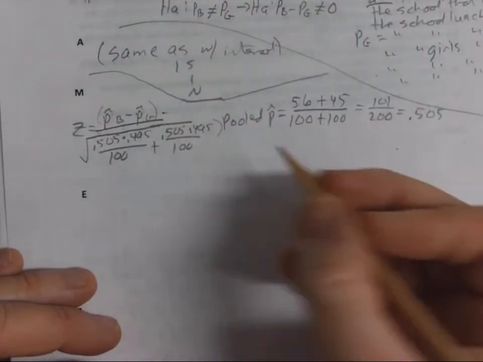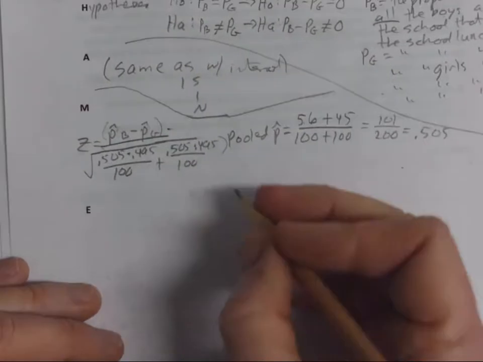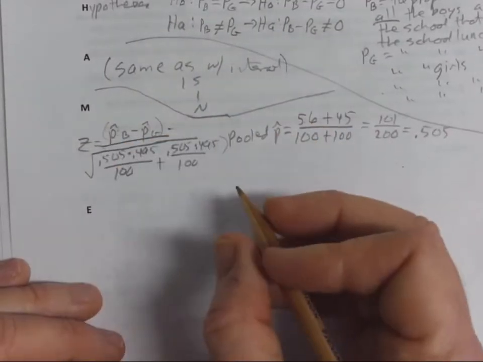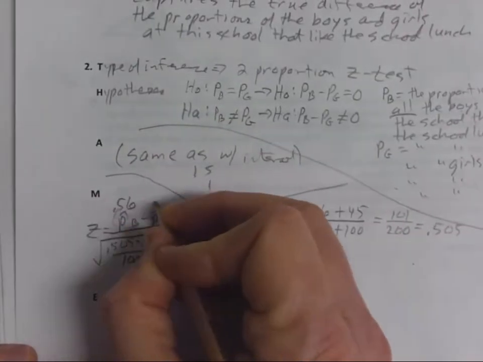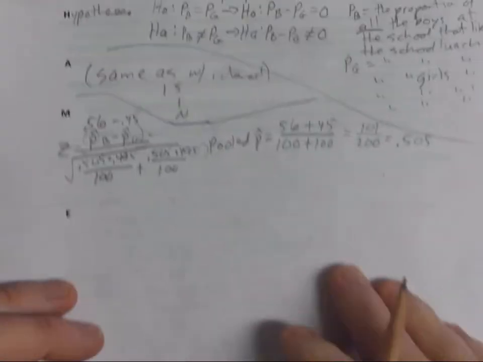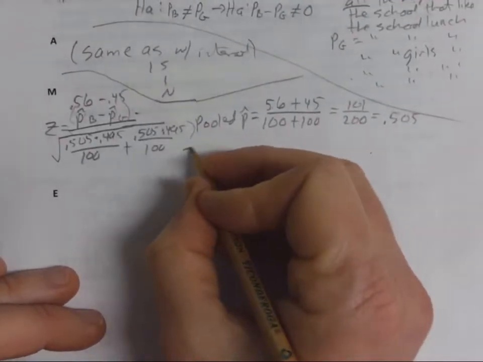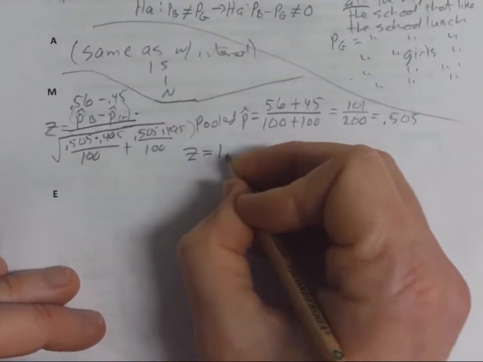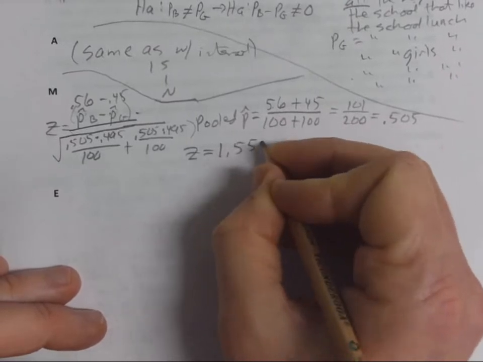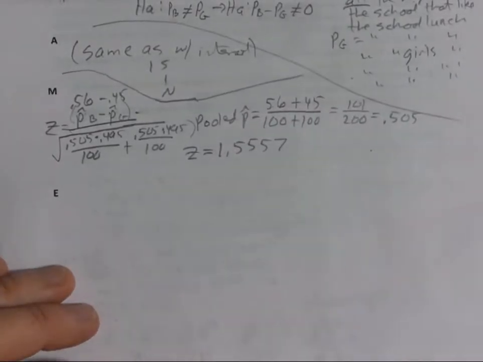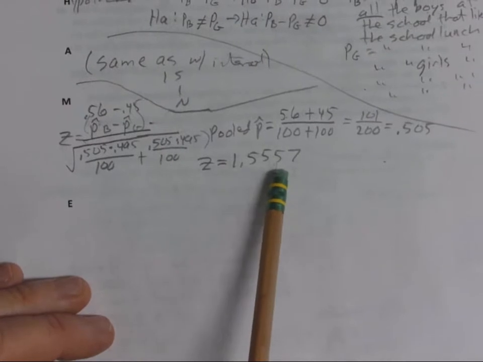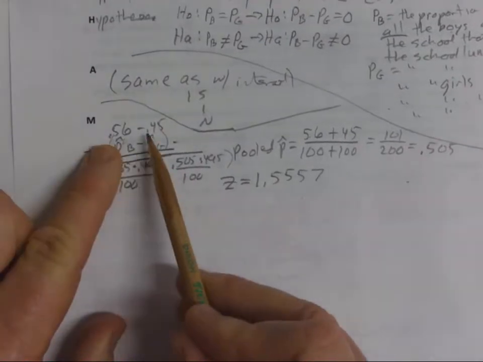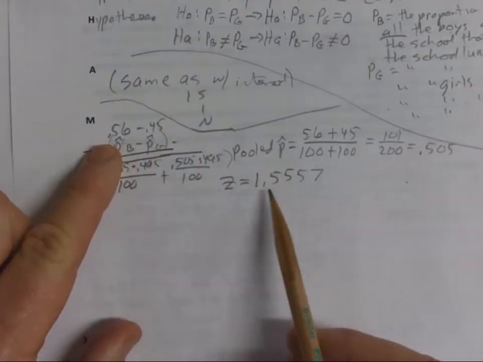Anyway, when you do that, and of course this number right here is going to be 0.56 minus 0.45, our z test statistic ends up being 1.5557. What that is telling us is how far apart these things are in standard errors.